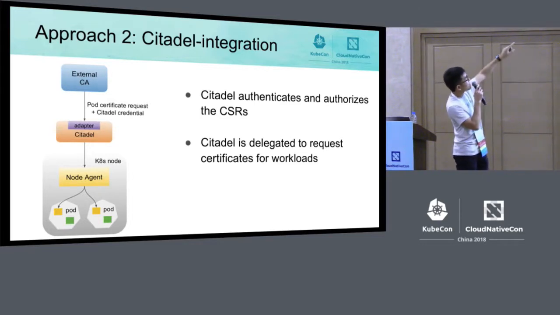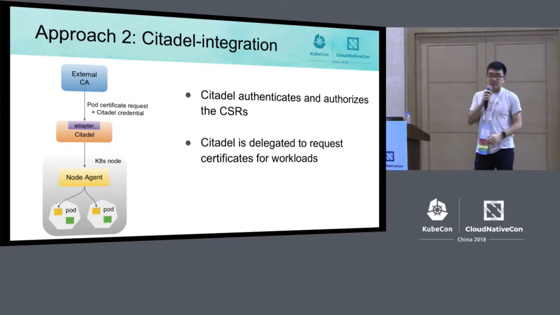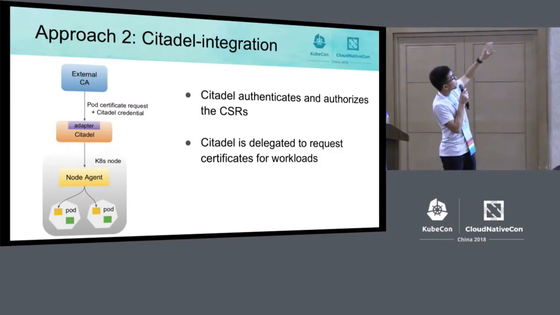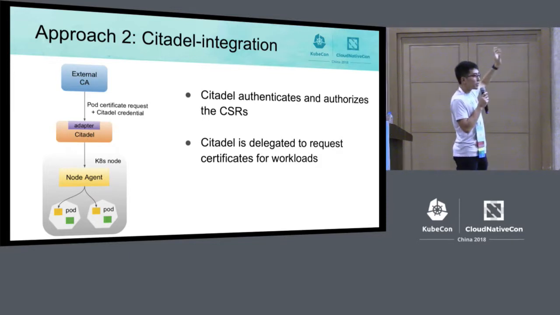Through this approach, the Citadel will have an adapter that talks to the external CA. Could be Vault, right? We are talking about Vault here. So later, we'll use this same architecture for Vault integration. It could be Let's Encrypt, could be your own CA.